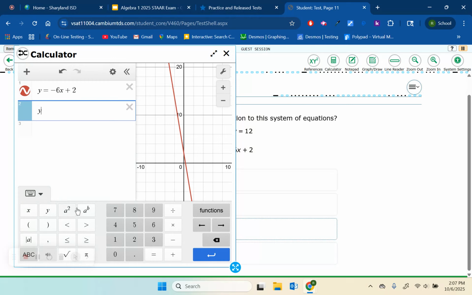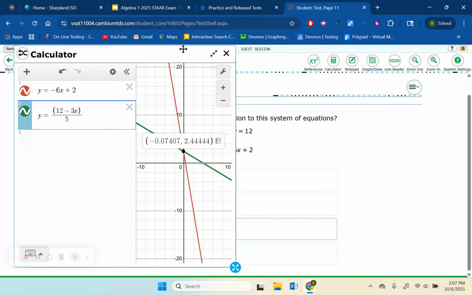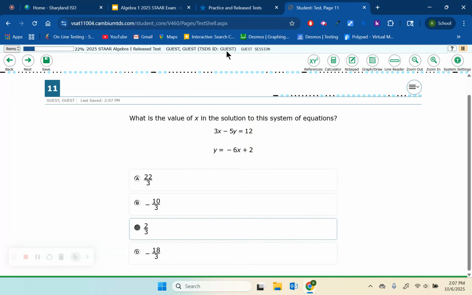I could go y equals, then parentheses 12 minus 3x. Another way to do everything, by the way. And I think I had this in the original video. Divided by the 5. And where they intersect, I don't have it the same way. Let me see what I did wrong.